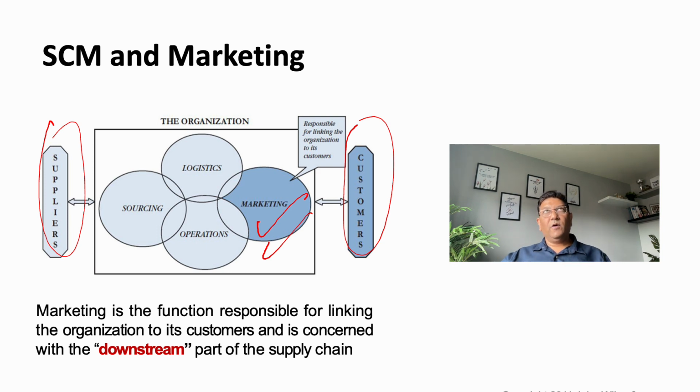Now, the traditional way of thinking about marketing is that we have the product available and we are pushing the product to our customers. So we used to have products and we were pushing the products to the customers.